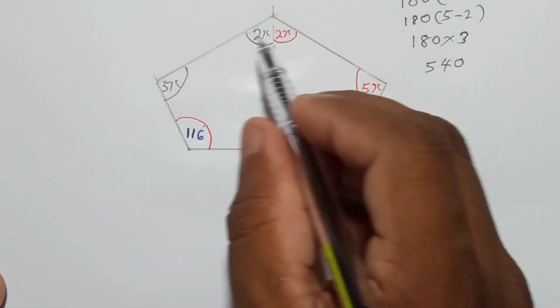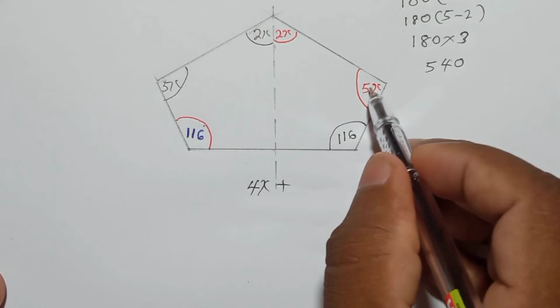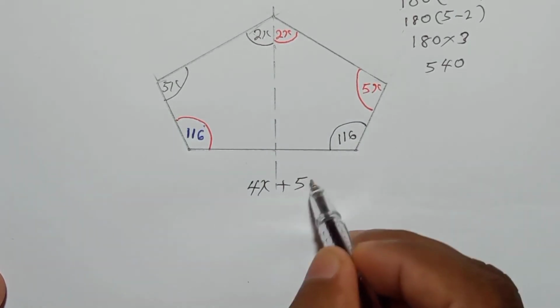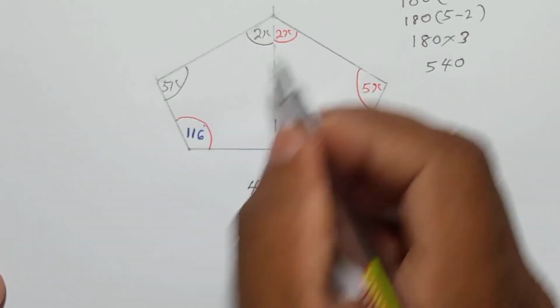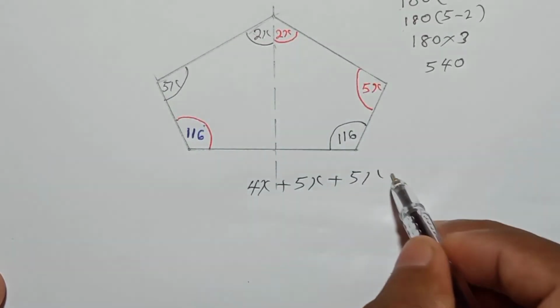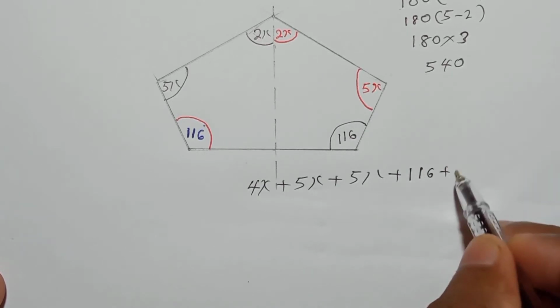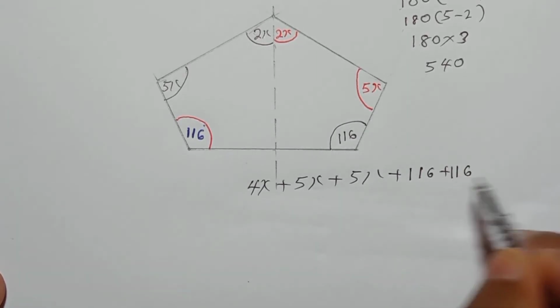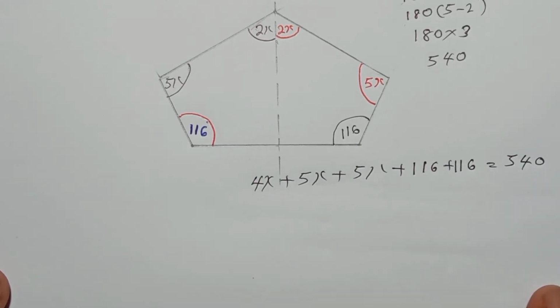So I will write here 2x plus 2x means 4x, right? 4x plus 5x plus 5x. I will reduce some terms here. This angle plus this angle plus this angle plus here 116 plus 116, right, equals 540.